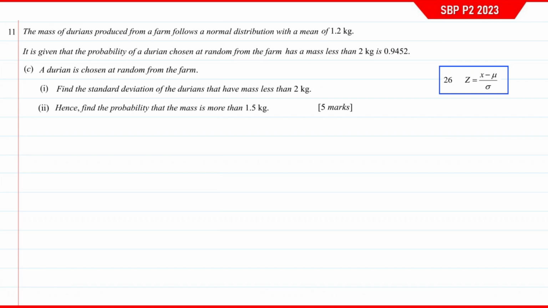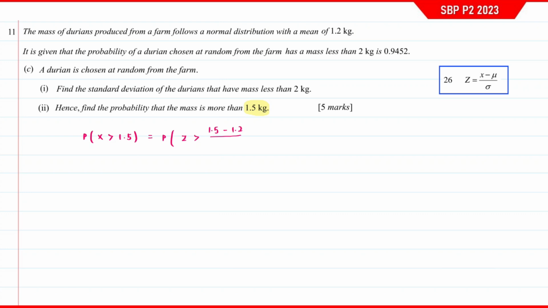Question 2. Hence, find the probability that the mass is more than 1.5 kg. So here this 1.5 kg is the x. So we want to find probability P(X > 1.5). Next, we're going to convert this into the standard score. So P(Z greater than), using formula number 26, it will be 1.5 minus the mean, which is 1.2, over the standard deviation.